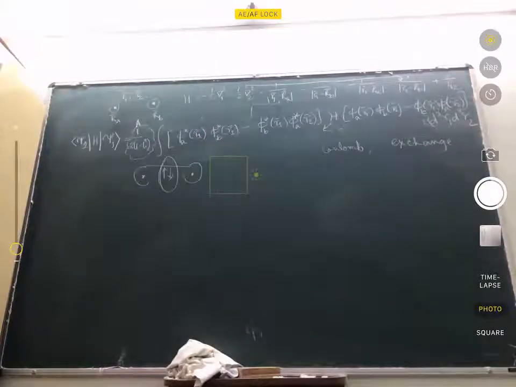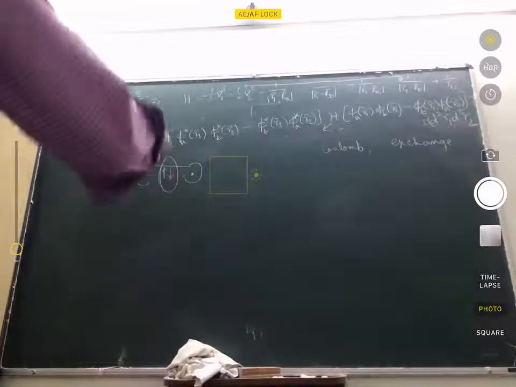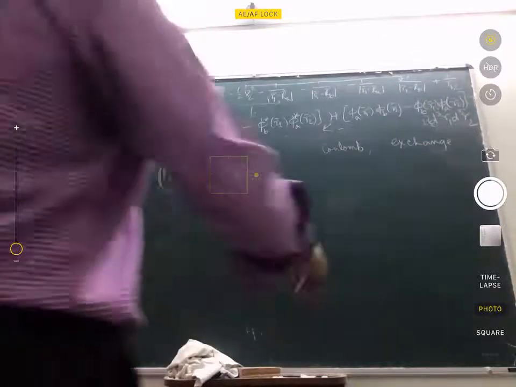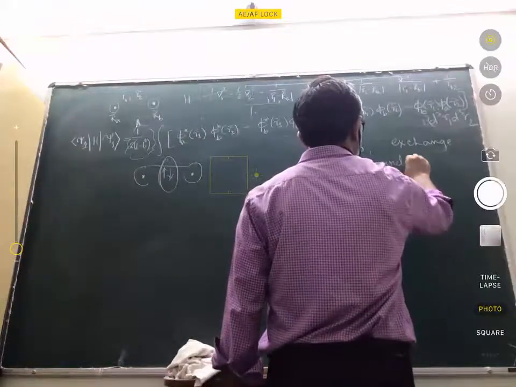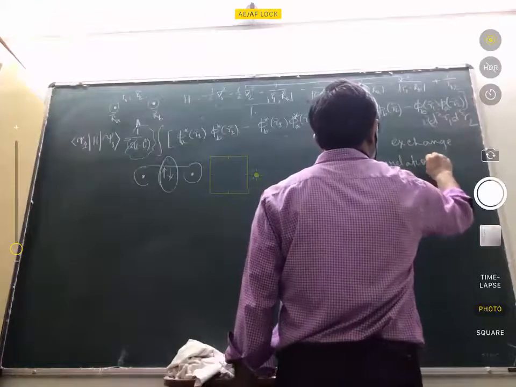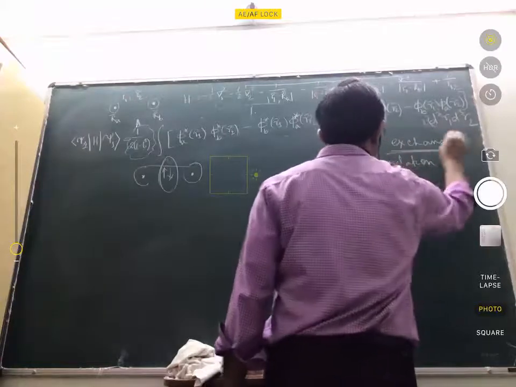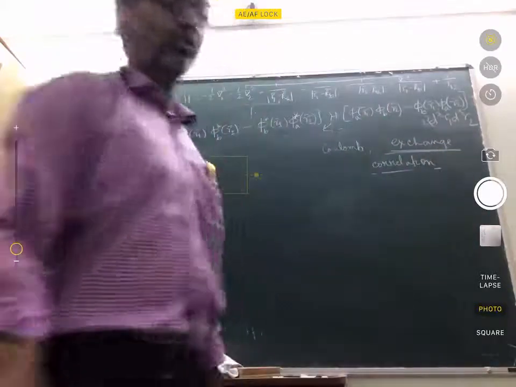But there are effects of interacting electrons beyond the Coulomb and exchange, and those are called correlation effects. In fact, whatever is beyond exchange is by definition the correlation effects.